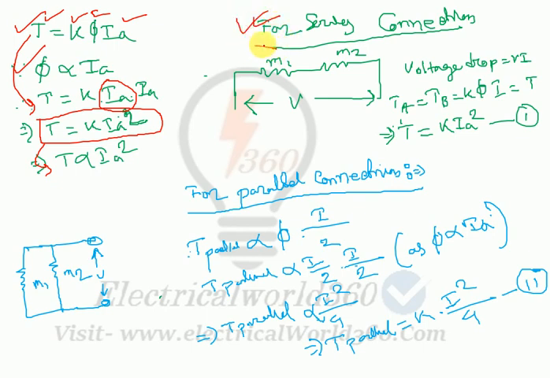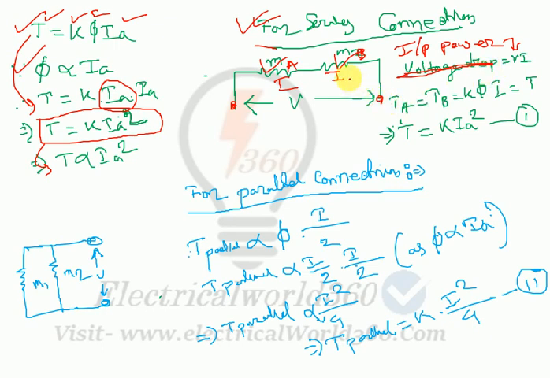Suppose this is the series connection, with motor A and motor B, and these are the supply points. Motor A is getting I current and motor B is also getting I current. The input power is VI.